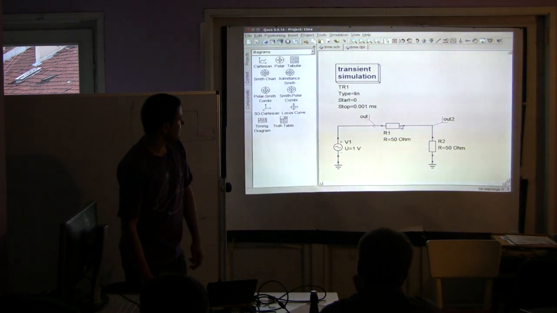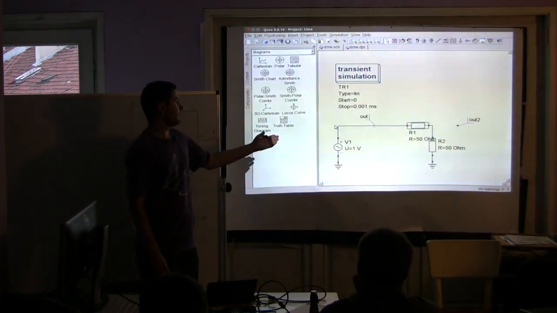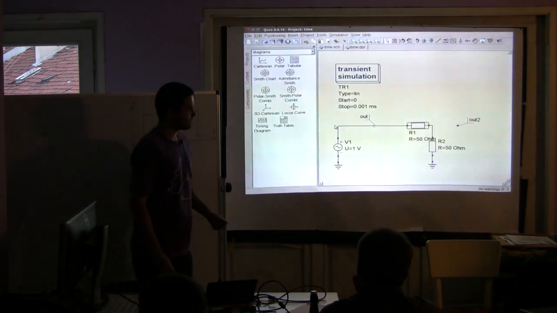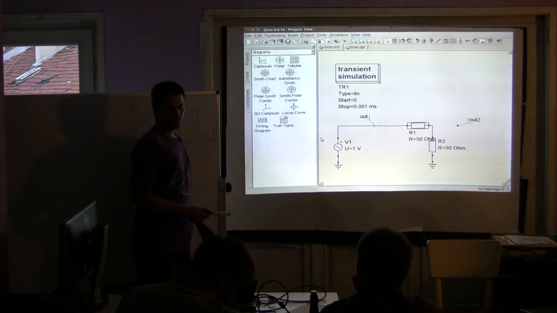How can we see what is the current flowing through this? The current is the same because we don't have branches.